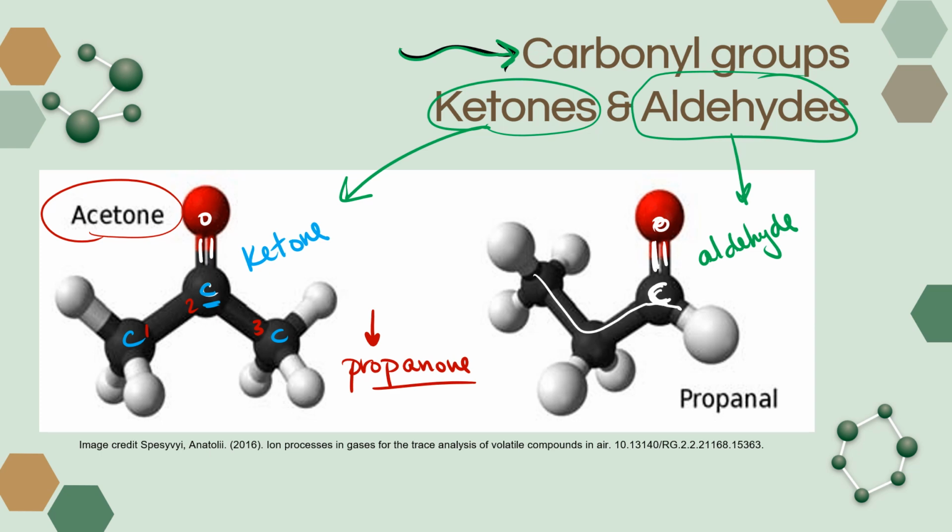If we have instead carbon 1, 2, 3, that's better because this is the super cool special stuff. This one, the aldehyde, we're going to name propanal. So propanone if the double bonded oxygen is not at the end of the chain, propanal when the double bonded oxygen is at the end of the carbon chain, which we call the terminal position.